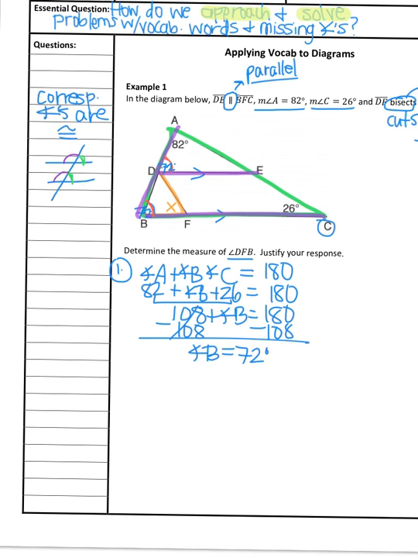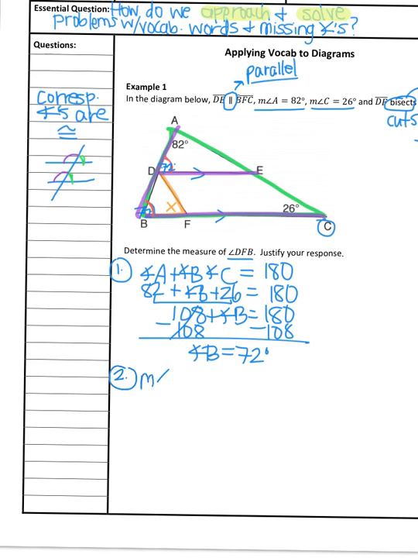So I'm going to add a little justification down here at the bottom as well, because every time you put a new angle on your picture, you want to have a definition or a reasoning or some set of work that matches what you did to explain it. So the angle that I just marked was angle ADE.